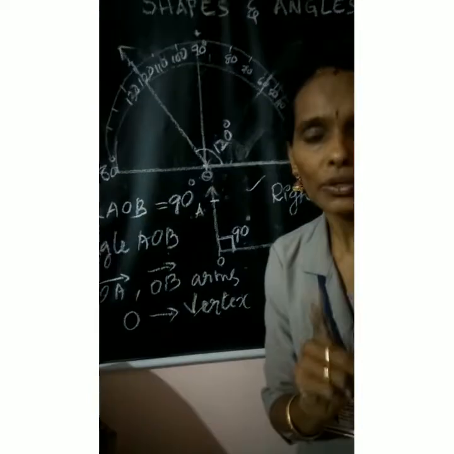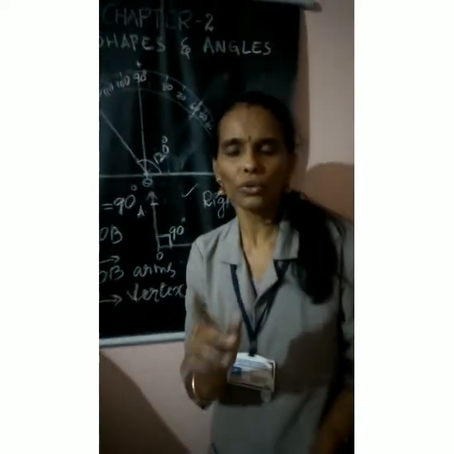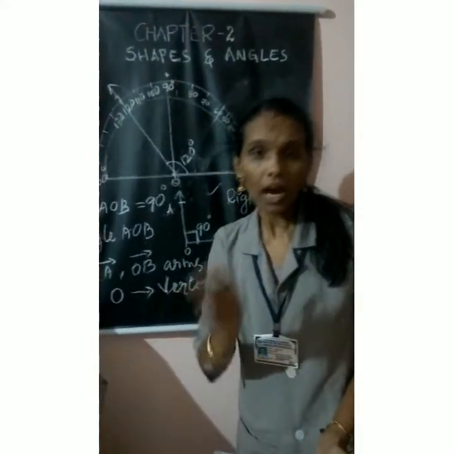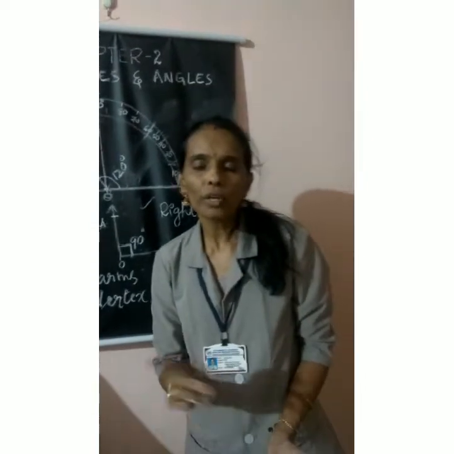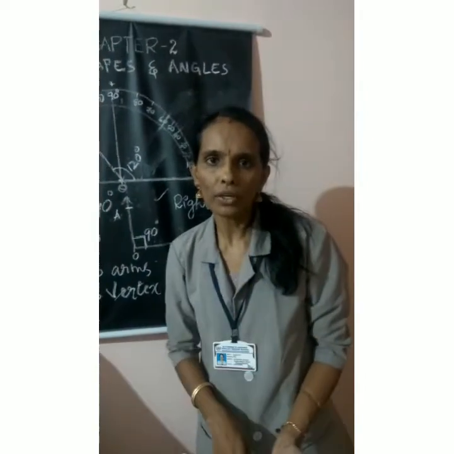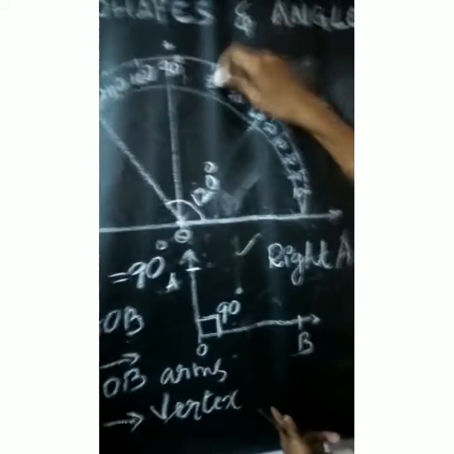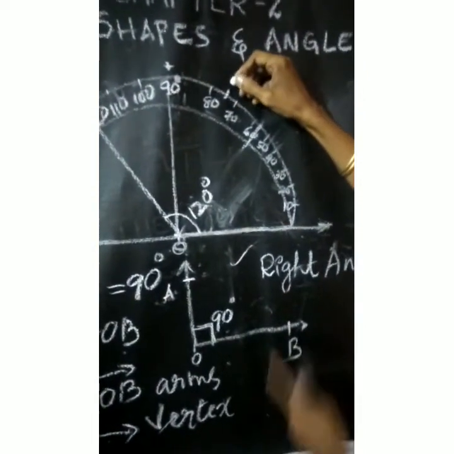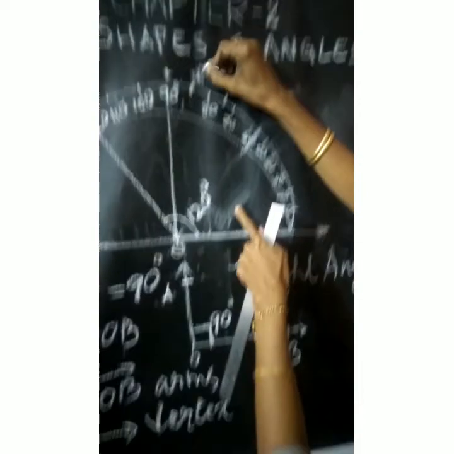So I think you have now learned a little bit about constructing 90 degrees, below 90 and above 90. Now, how do we do the in-between measures? Please observe: between 90 and 80 the middle is 85.